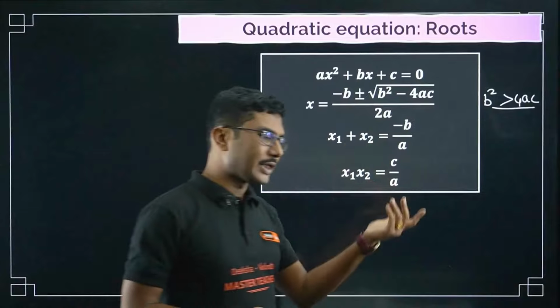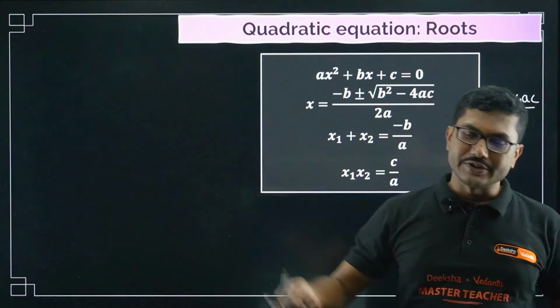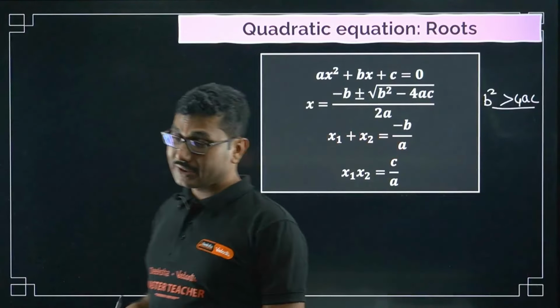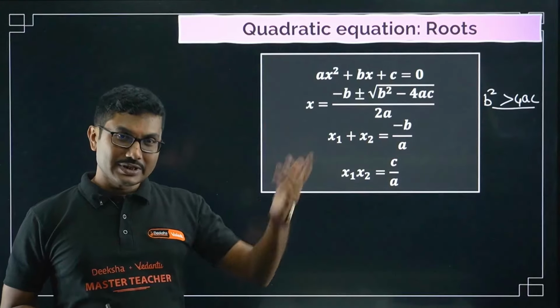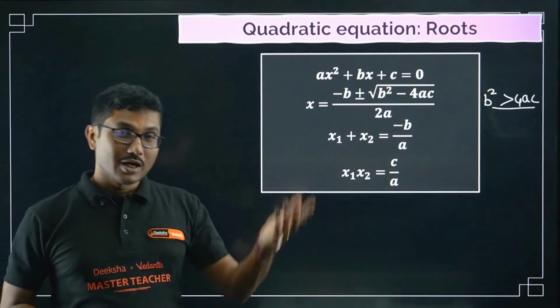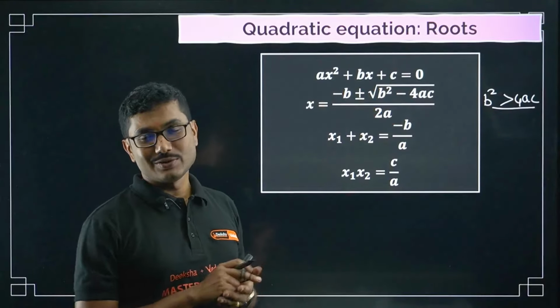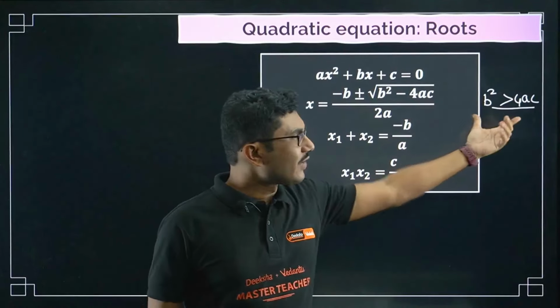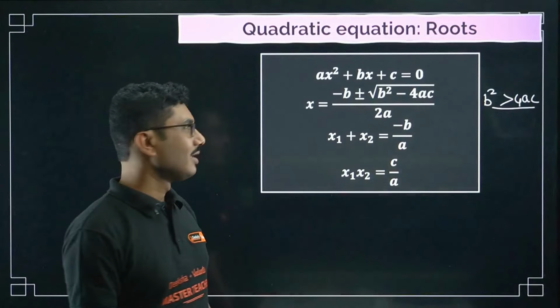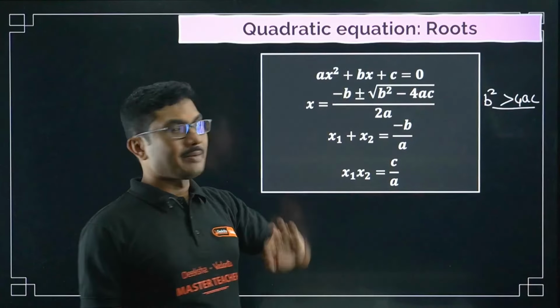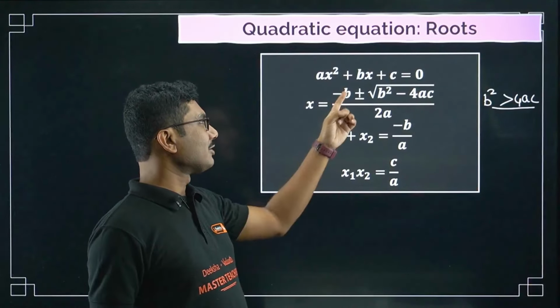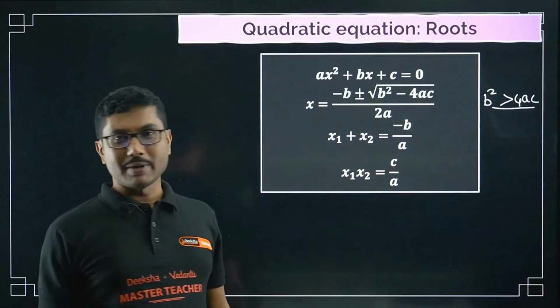We will deal with complex roots in future if you study physics as your honors subject, or if you do MSc in physics. But in the PU2 syllabus there are no complex roots, so you will always find this is by default correct. So x is given by minus b plus or minus square root of b square minus 4ac, by 2a.